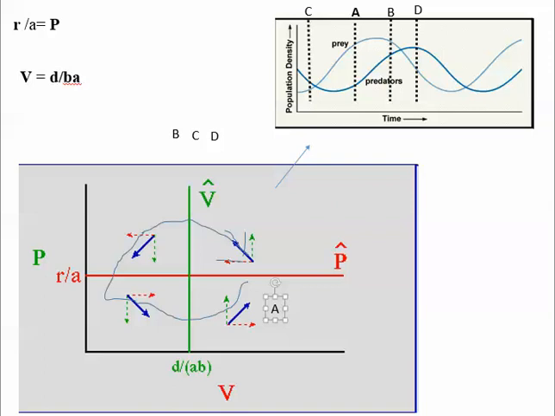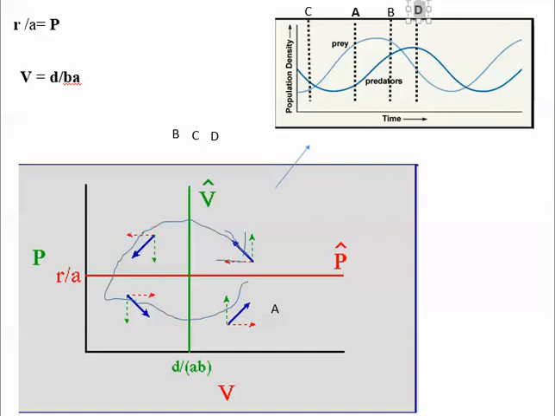Moving on to the other one that's like that, D here, this is where both prey populations and predator populations are declining. And where would we find predator and prey populations both declining? Well, when predator populations are relatively high compared to prey populations, so the predators are still preying upon lots of prey.